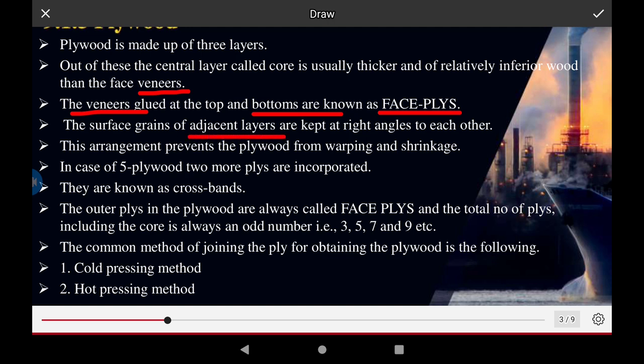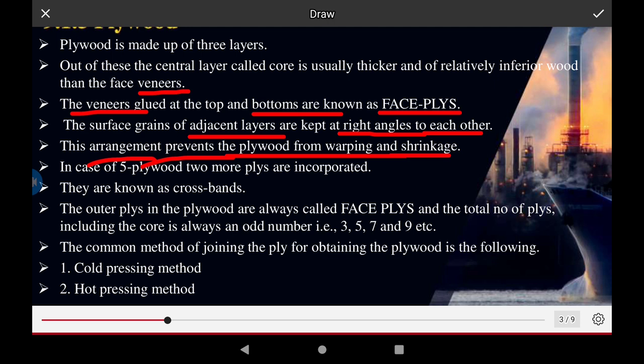The surface grain of adjacent layers is kept at right angles to each other, and this arrangement prevents the plywood from warping and shrinkage.